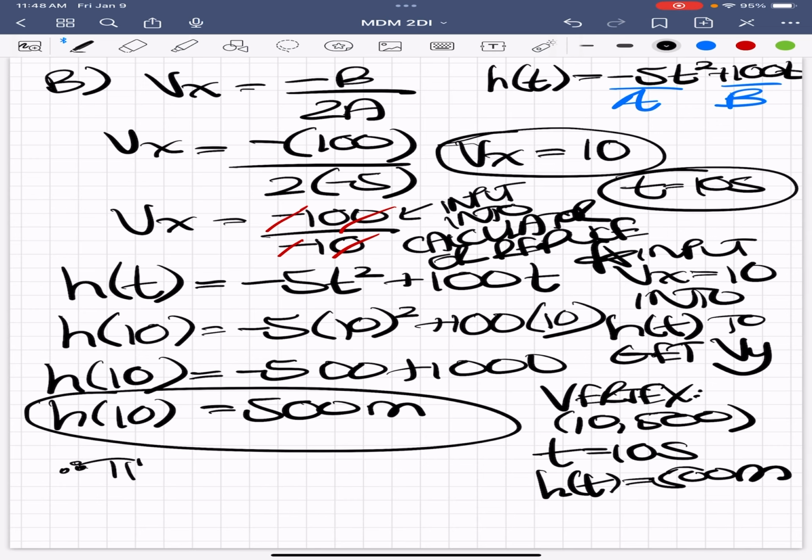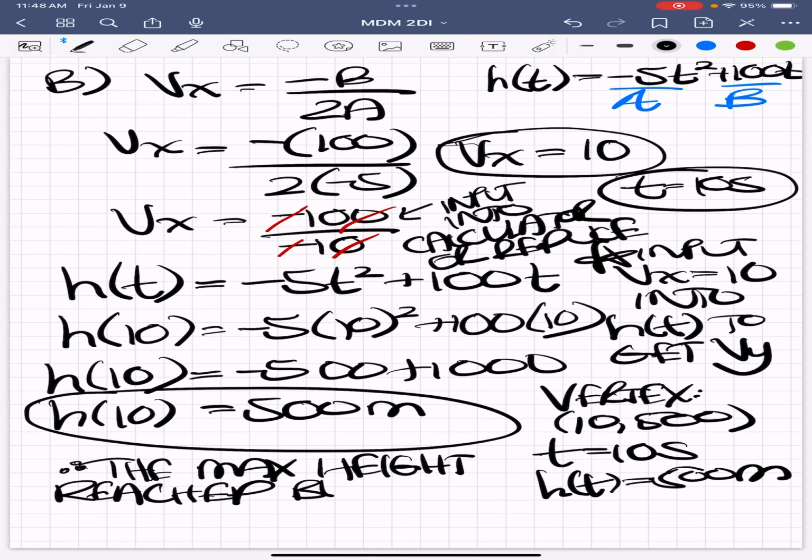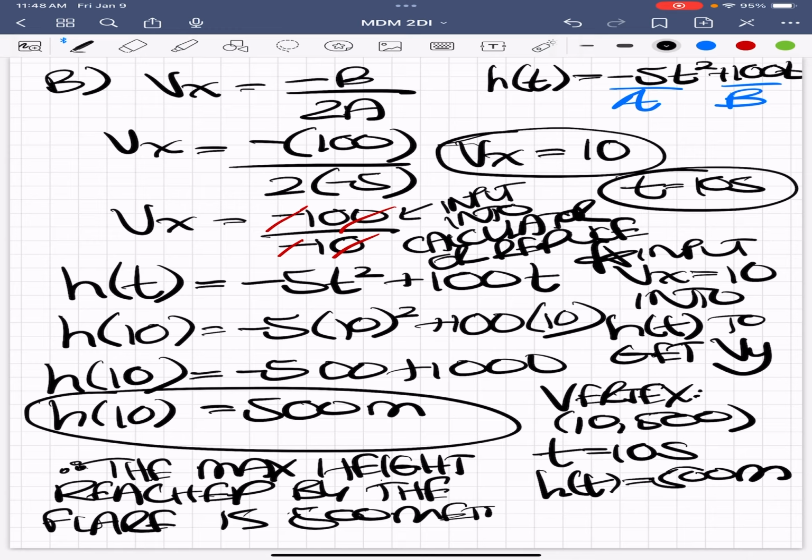The maximum height reached by the flare is 500 meters after 10 seconds have passed.